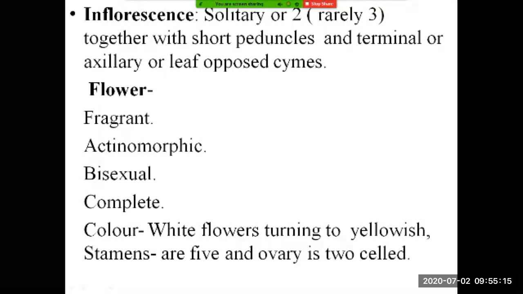If you take a section in any direction, you will get equal parts. Bisexual, both male and female sexual organs will be present. Complete, all the 4 whorls are present. Color, white flowers turning to yellowish, and stamens are 5, and ovary 2-celled.